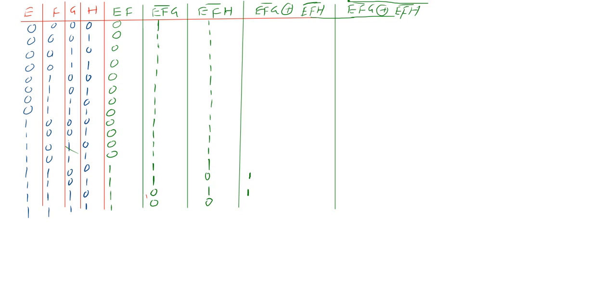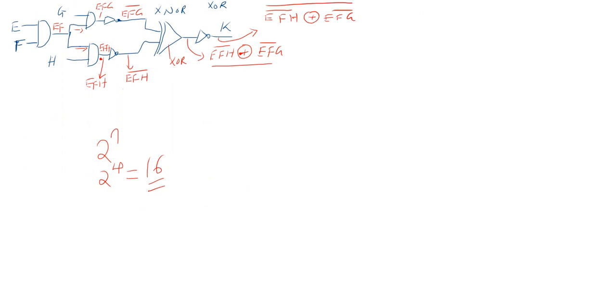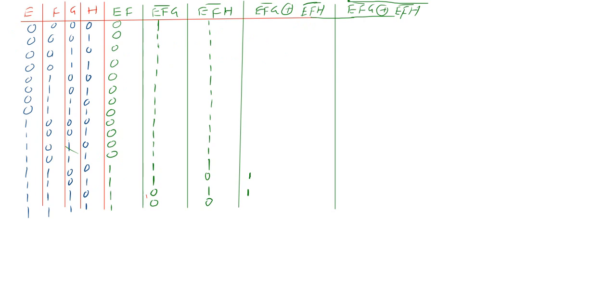Remember, these are the inputs applied to our gates at this point. So we shall have 1s there, and all the other rows will contain a 0. So we have 13 zeros now. 1, 2, 3, 4, 5, 6, 7, 8, 9, 10, 11, 12, 13.